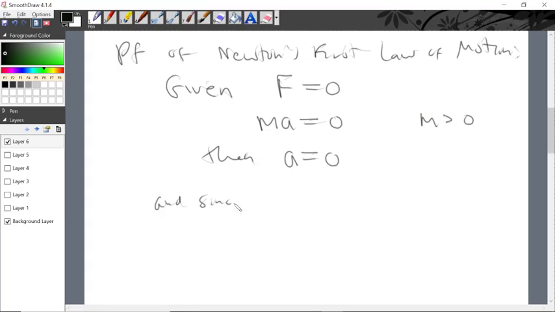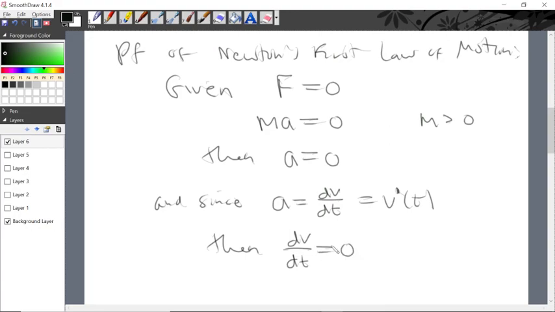And since acceleration is the time rate of change of velocity, or the derivative of velocity, then by substitution, dv/dt is equal to 0, right?